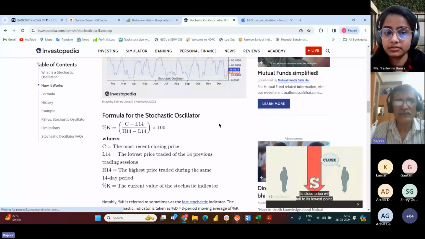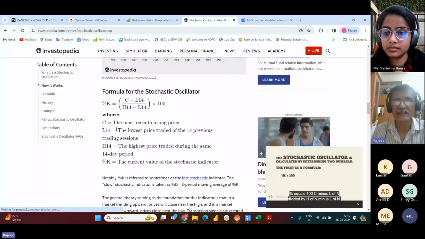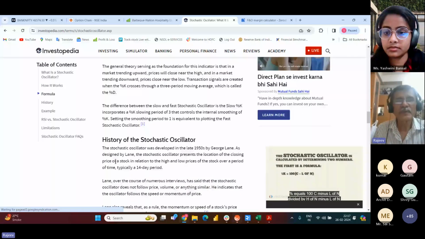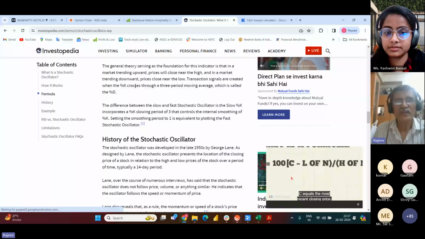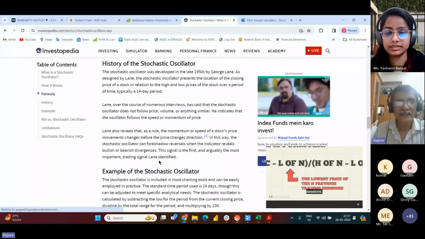It gives the nomenclature also, what is C, what is H, and so on. If you understand this, you will be able to understand what stochastic is, how it is calculated, and how it is used.